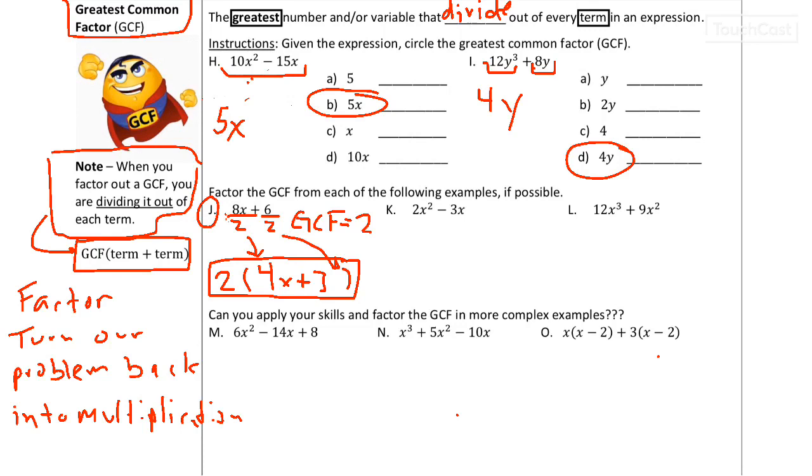All right, so that's basically what we're doing with factoring. So we had our original problem, 8x plus 6, and we simply turned it into multiplication here. It's now 2 times 4x plus 3.